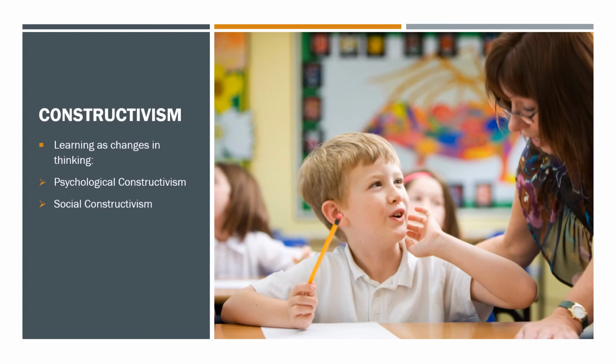So there are two constructivisms: psychological constructivism and social constructivism. Psychological constructivism means changes in thinking resulting from individual experience, and social constructivism means changes in thinking due to assistance from others.